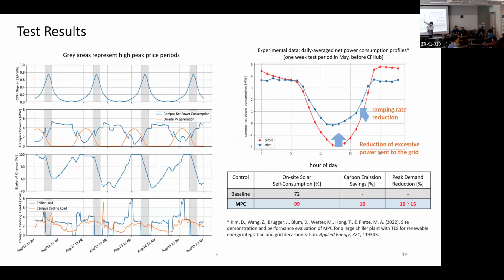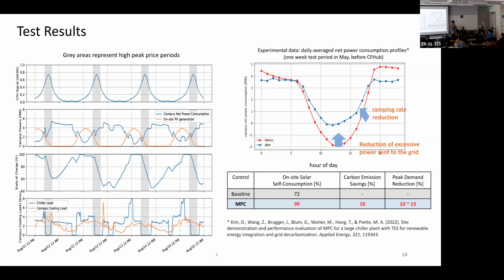If we look at the power signals, it is the campus net consumption. On-site renewable generation is around 4 megawatts, but by using the model predictive control, the net power consumption is always positive. That means 100% of the on-site renewable energy generated has been self-consumed.